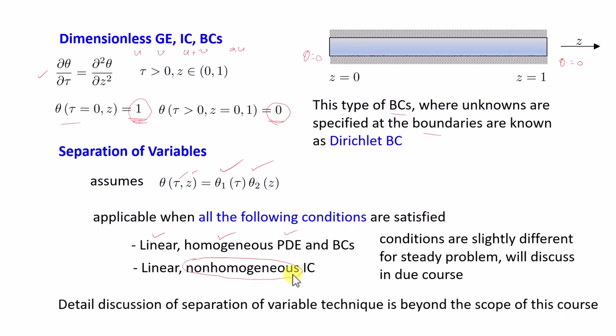So as I said, we'll go and solve this equation now because we see that all the conditions are satisfied. Why this separation of variable type solution will appear and why these conditions are important, this type of detailed discussion of the separation of variable technique we will not do here. For that you have to go to a math book which discusses partial differential equations.